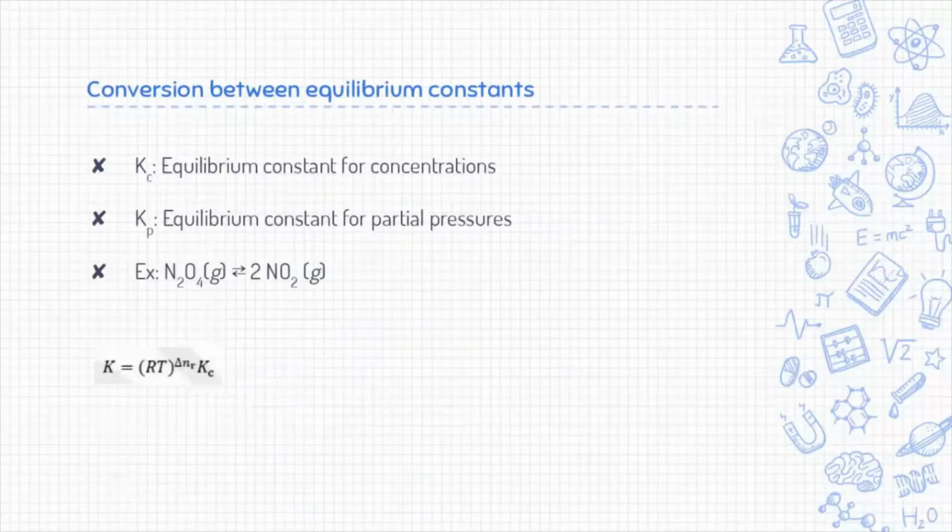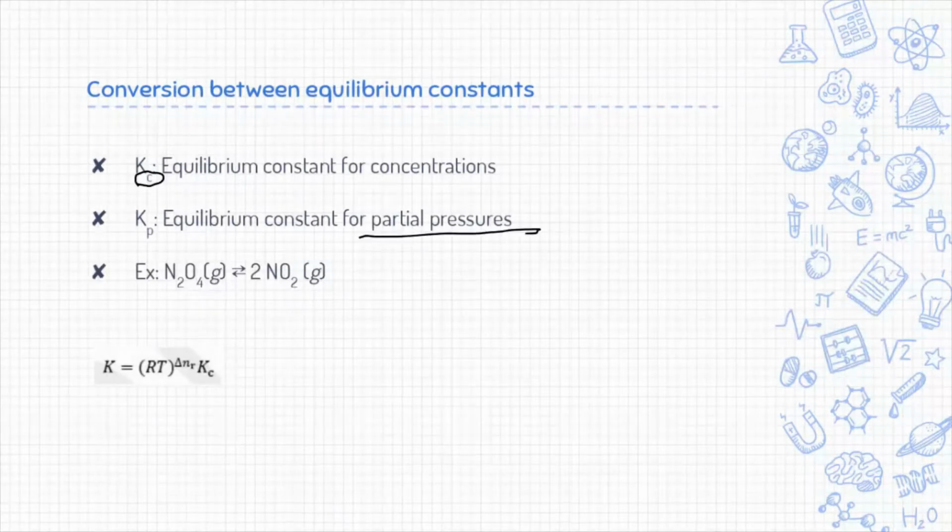Conversion between equilibrium constants. Earlier I mentioned how phases are very important in expressing equilibrium constants. When we introduce an equilibrium constant in terms of concentrations, we tend to put the subscript C, and in terms of partial pressures, we tend to use subscript P. Now, why is this important?